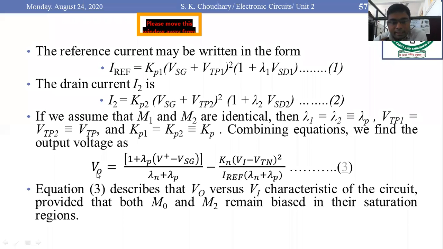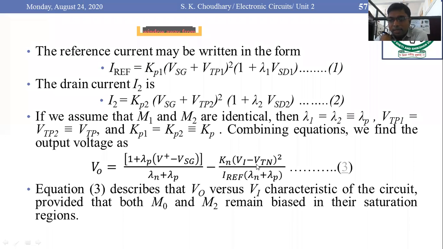So we have to take the derivative of this V0, meaning equation number 3, with respect to Vi. So what would be the result? The first term is constant, so it would be 0. In the second term, there is a Vi term. Kn upon I reference into lambda n plus lambda p is a constant term.